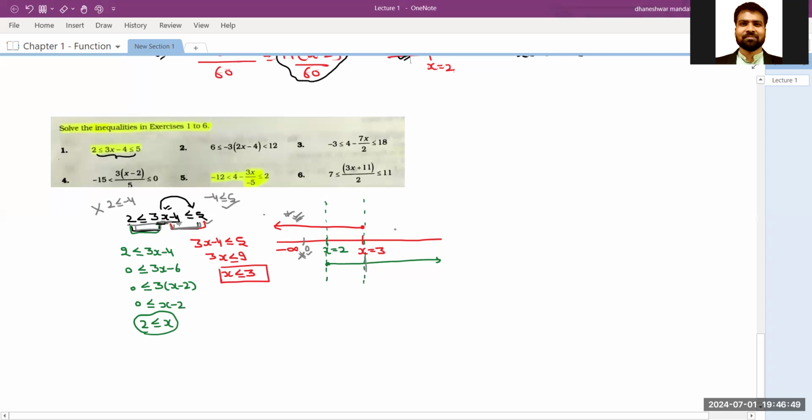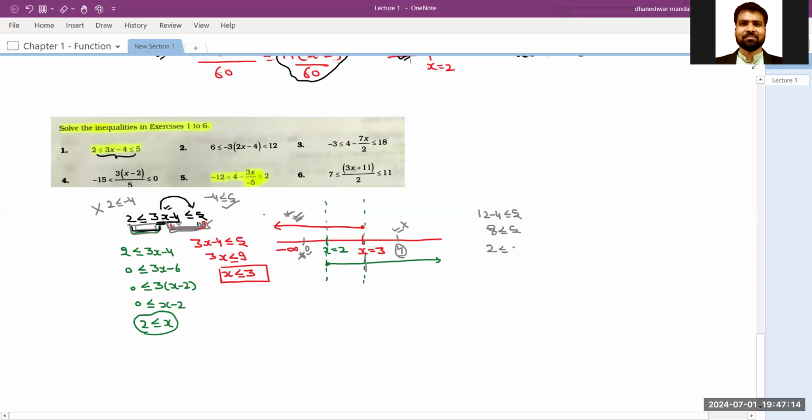Again, for the same explanation for this region, if I take any number which is greater than 3, let's take 4. Then put 4 here. 12 minus 4 is less than 5. So here we get 8 is less than 5. It means this inequality is not satisfied. But if I take this inequality, then 2 is there.